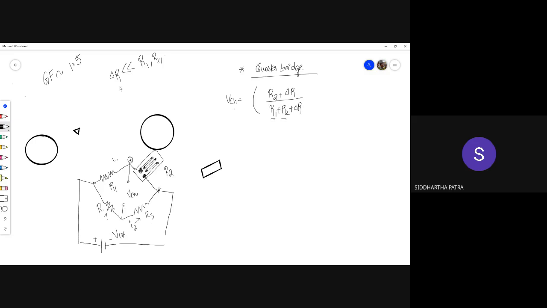Why is that significant for us? You see, this is the gauge factor. What is this ratio? dR by R to dL by L, which is essentially the strain. So the change in resistance per unit resistance is of the order of strain.